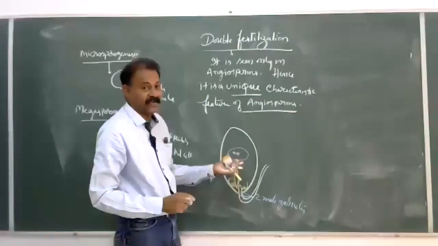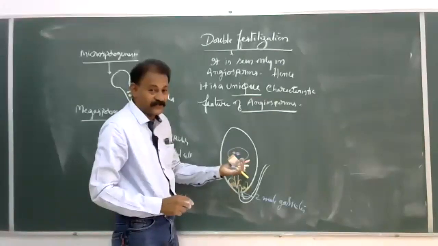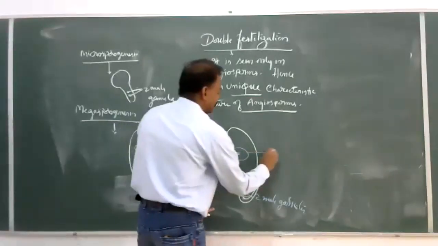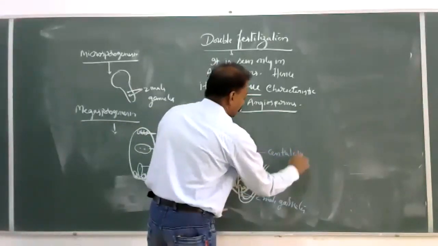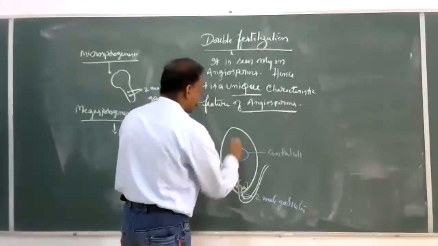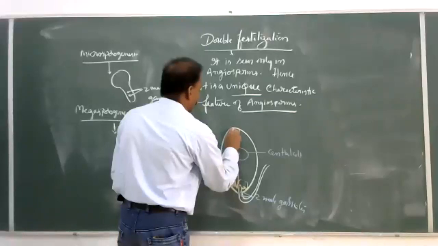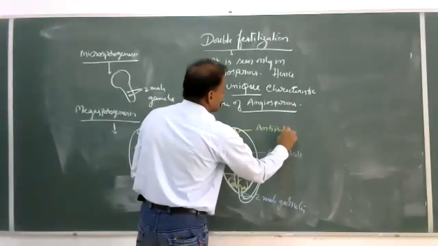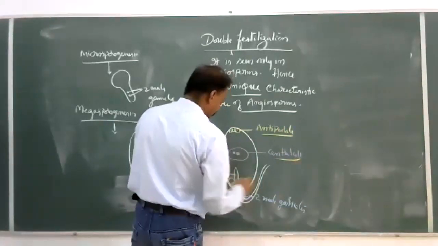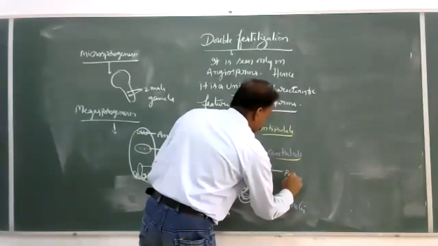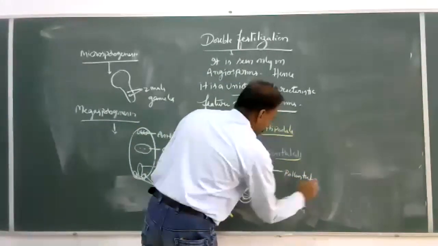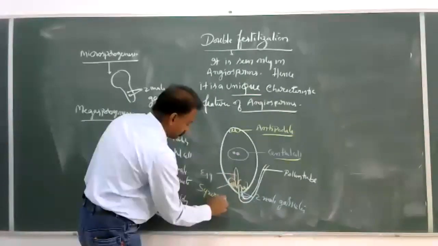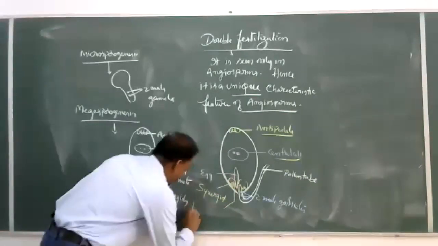In the beginning they are haploid, upper polar and lower polar, and after fusion they form the fusion nucleus or secondary nucleus of the central cell. On the opposite side are the antipodals. Here we have the central cell, pollen tube, two male gametes, synergid, and filiform apparatus.